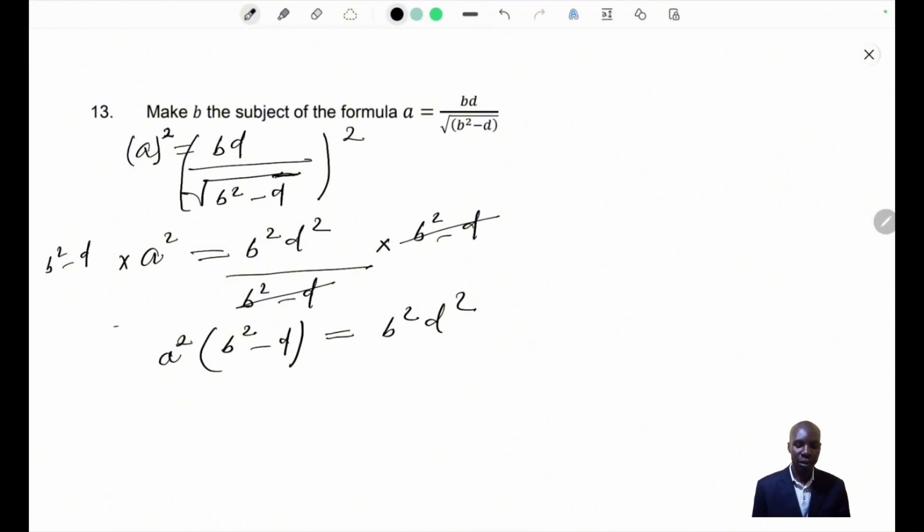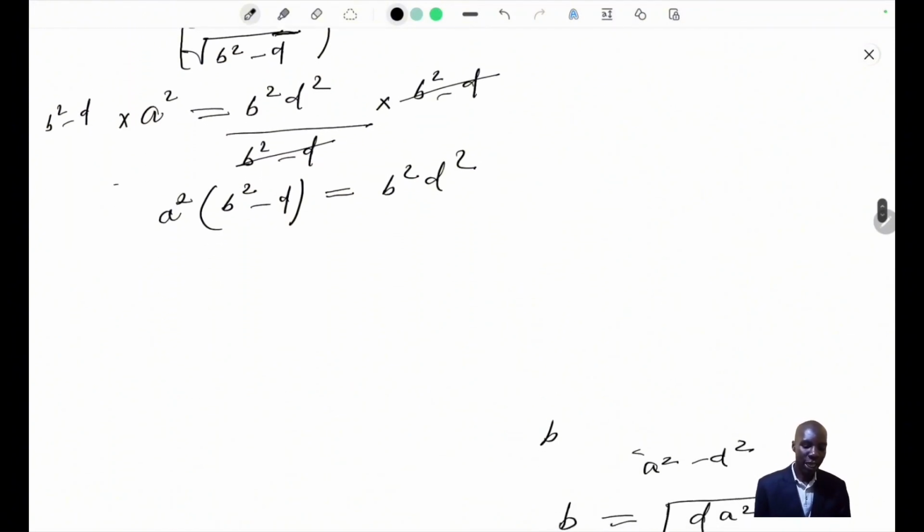Then open the bracket on the left-hand side. You'll say A squared times B squared is A squared B squared, minus A squared times D, we'll have A squared D, equals B squared D squared.